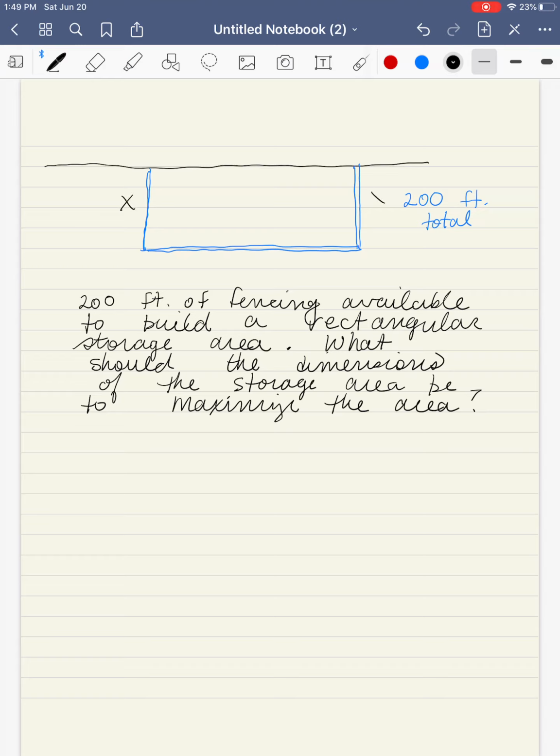And what we're trying to do is figure out what the area of that pen should be. So let's call this x, and since this is a rectangle, this is also x, and this other side here would be y. So we know that the length of that fencing, there's two pieces that are x and one piece that's y. So we know that 2x plus y is going to equal 200.